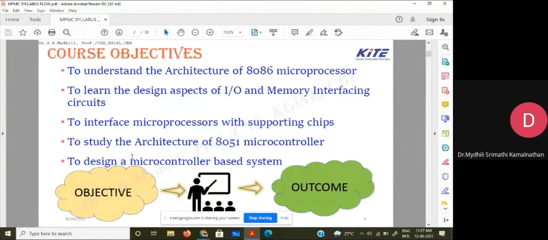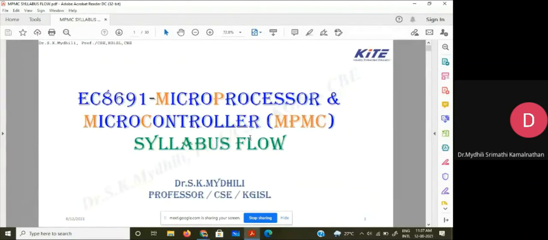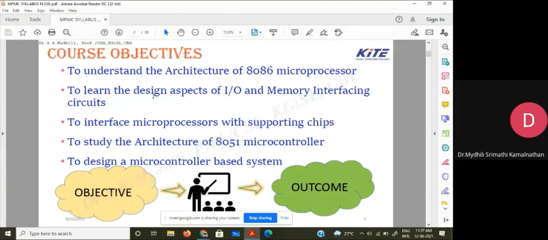And to study the architecture of the microcontroller. Since your subject name is divided as microprocessor and microcontroller, the syllabus is planned such that you start with the microprocessor and then the flow goes to the microcontroller. They have given the 8086 processor directly.